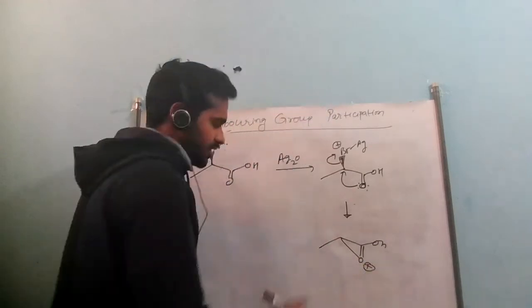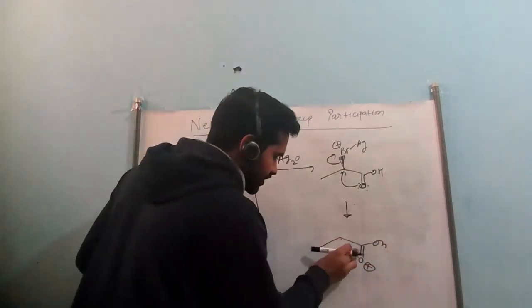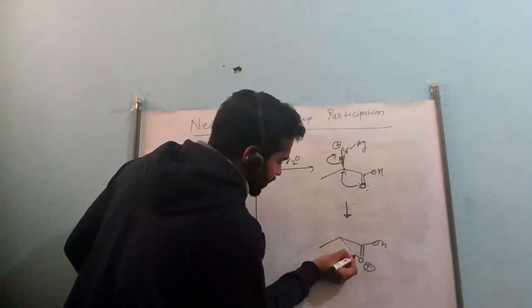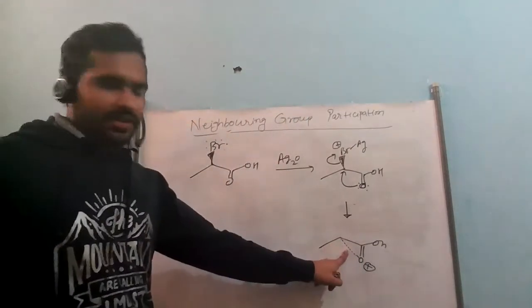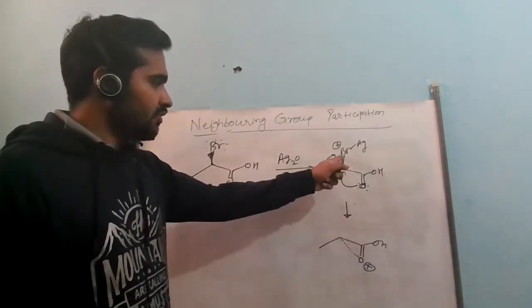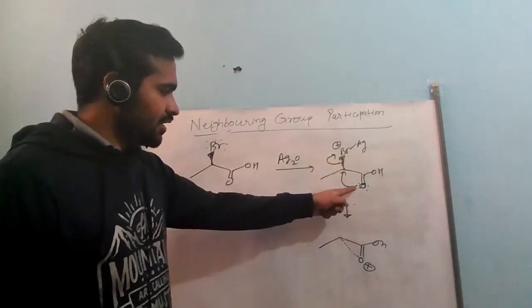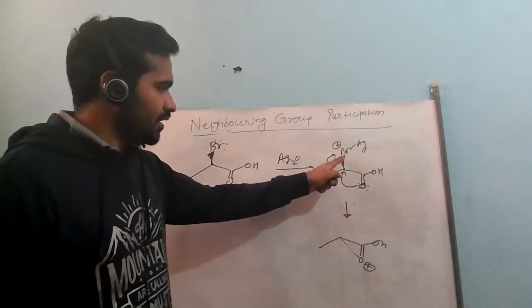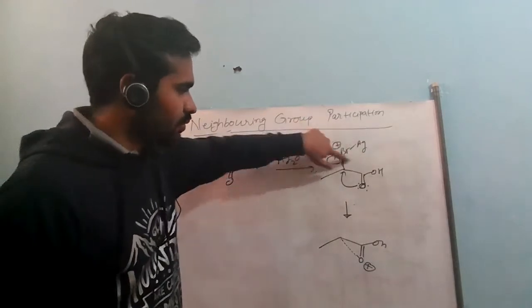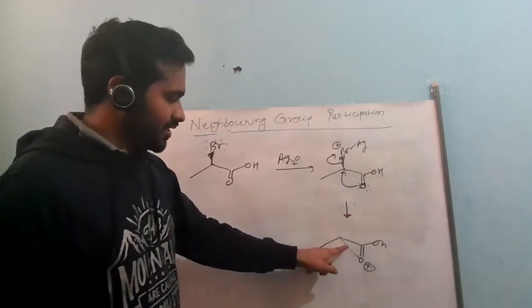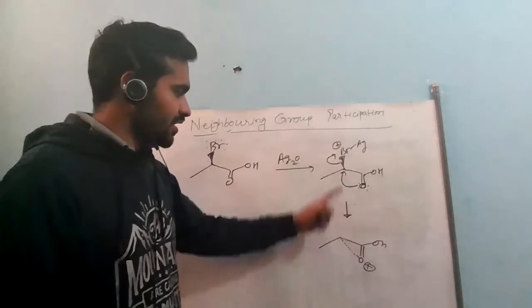This will have a positive charge. Or I can write this is below the plane. Why am I writing this one as below the plane? Because this group was above the plane, and this is interacting from the back side of this group. So I drew it below the plane because it was interacting from the back side.